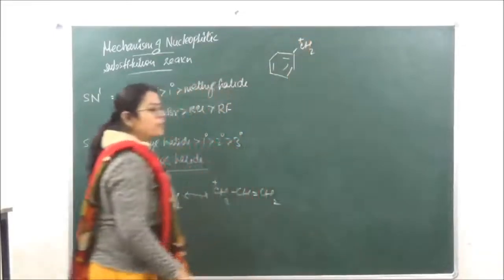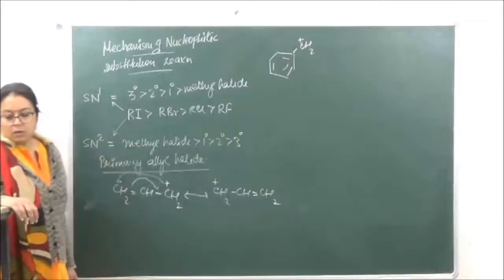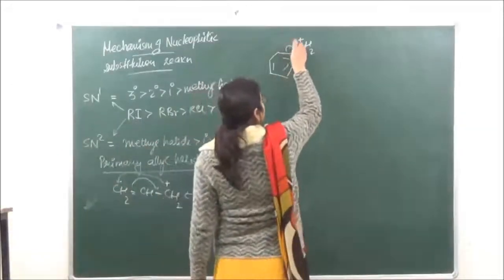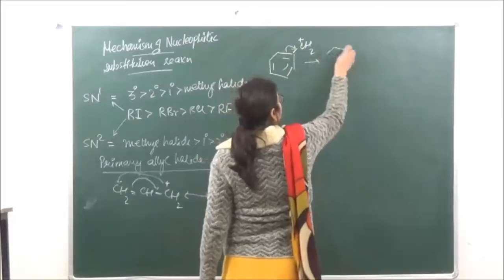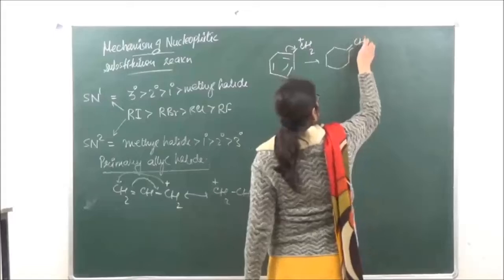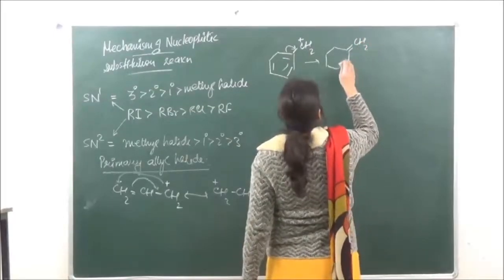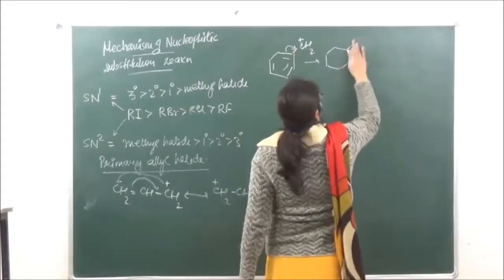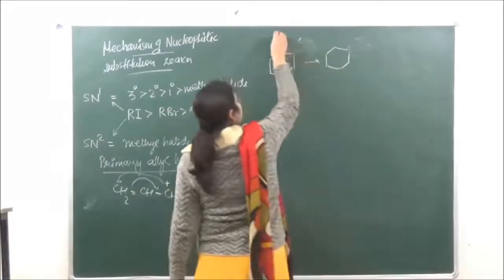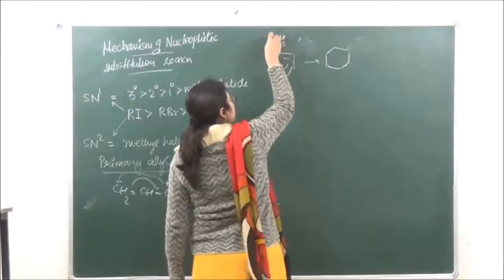This is going to be the benzyl halide carbocation. Now over here, what is going to happen? This bond will go here, so it is going to show the following resonating structures. And the positive charge, let's draw it on the direct position over here. We have CH2 positive.